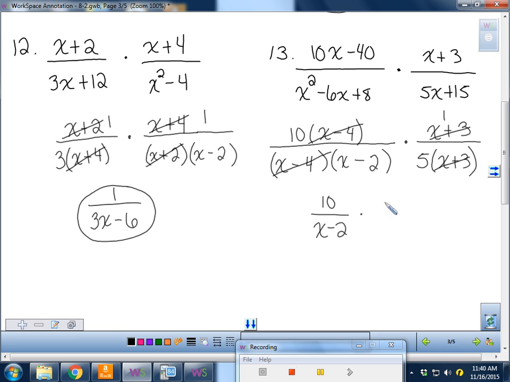That leaves me with a 1 on top. So I have 1 over 5. But then I also notice that diagonally, I can reduce 10 over 5. So 10 divided by 5, 5 goes into 5 one time. 5 goes into 10 two times. And then this is just 1. So when we multiply by 1, this just kind of goes away. So you have 2 over x minus 2.